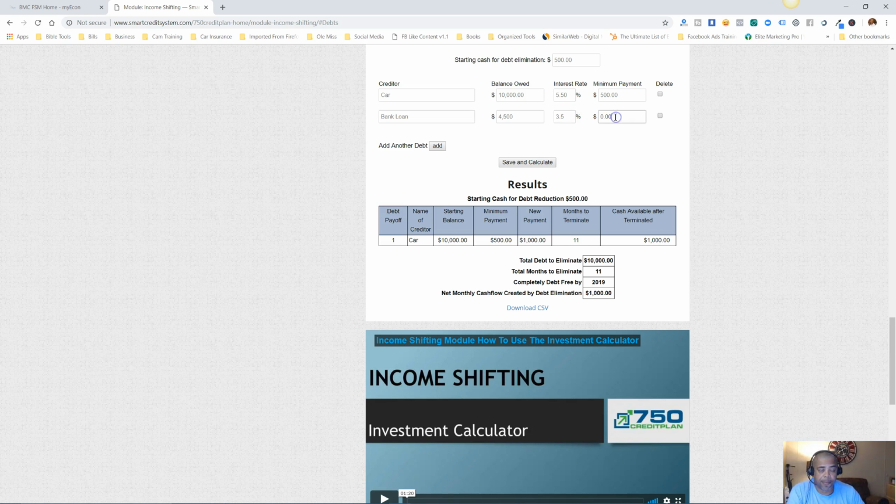You know, your monthly payments are, let's see, $170. Yeah, let me do that right. 170.00. Okay, and then you save and you calculate. You would add all of your creditors here. Okay, and this is showing you money that you can put back into your pocket now instead of trying to recruit people.